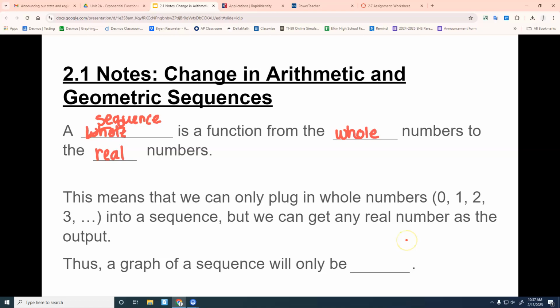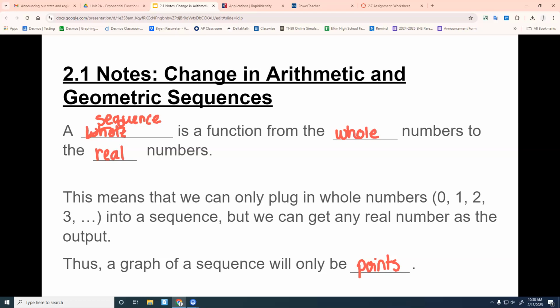You don't use the negatives for these either. So we can only plug in 0, 1, 2, 3, and so on, but we can get any real number as the output. The answer could be 1.5. The answer could be 2.783. But the inputs are only whole numbers. Thus, the graph of a sequence will only be points. There will not be lines connecting them.